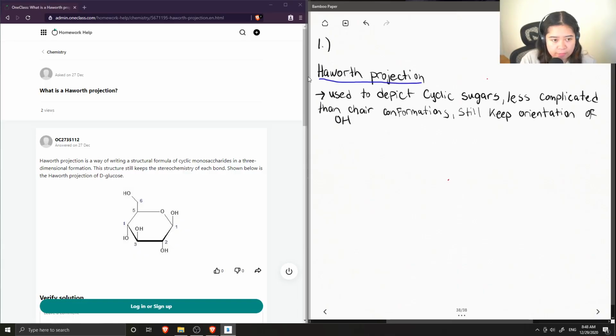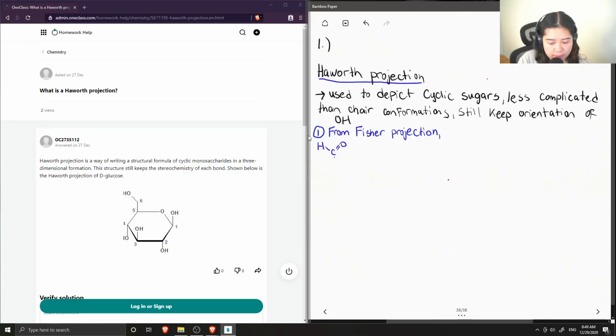Okay, so I'll have an example of how to convert a Fischer projection to a Haworth projection. From a Fischer projection, I'll just draw the starting Fischer projection.